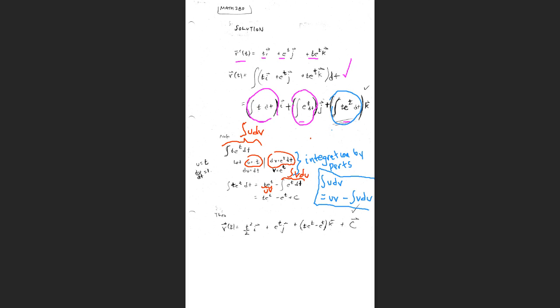Okay, so hopefully that is good. And so now we end up getting our position vector, but because all of the integrals are indefinite integrals, we get this constant vector of integration.